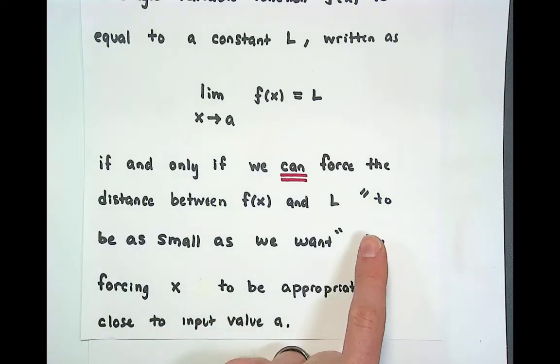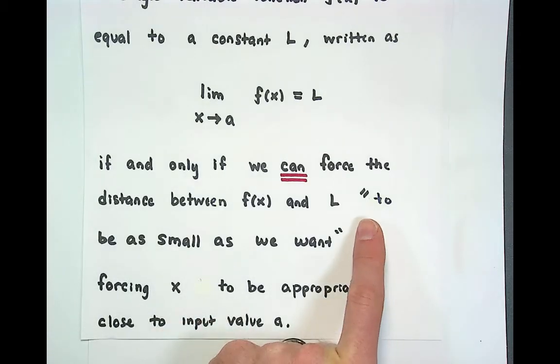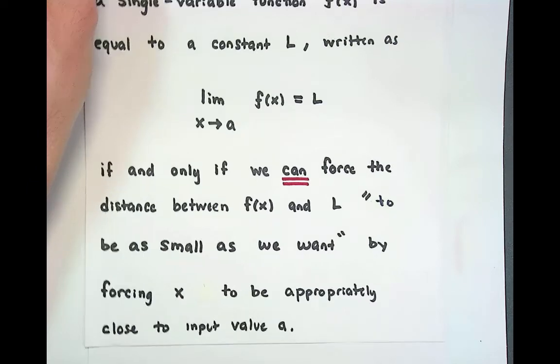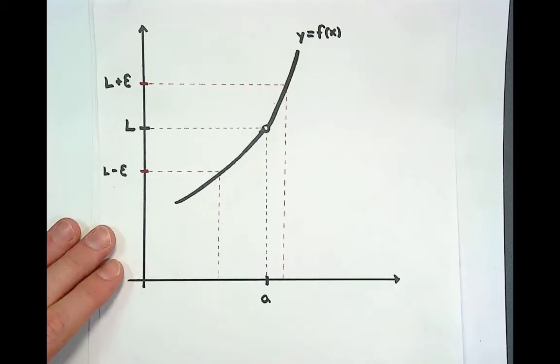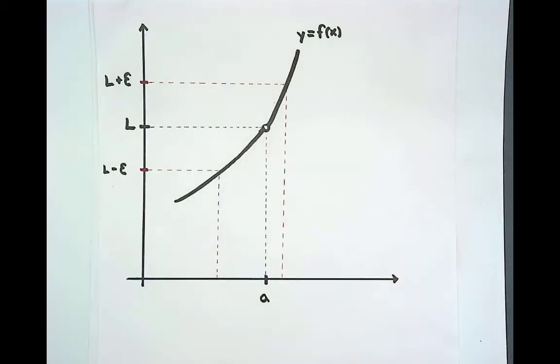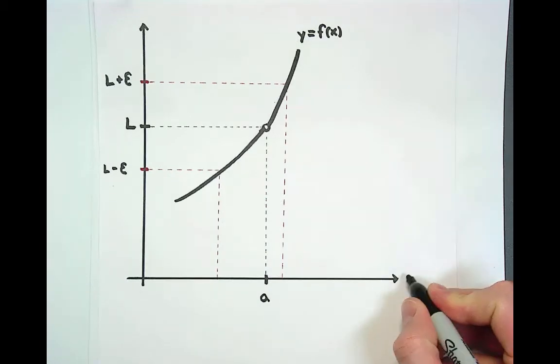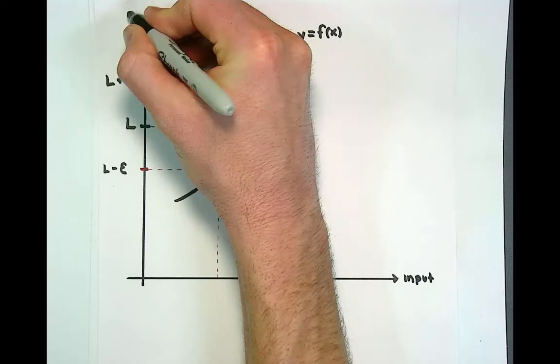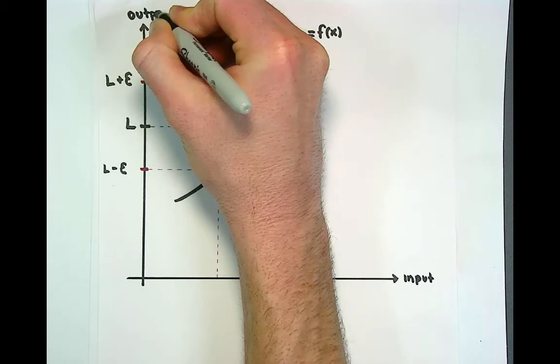Here I'm trying to give you some intuition with parentheses. There are ways to formalize this. If you've ever seen epsilon delta definition of a limit, this is what this particular overview looks at. But the concept of a limit is as follows. Pretend you have this graph of a function f of x. Here we'll call this axis the input axis, and then here we'll call this axis the output axis.